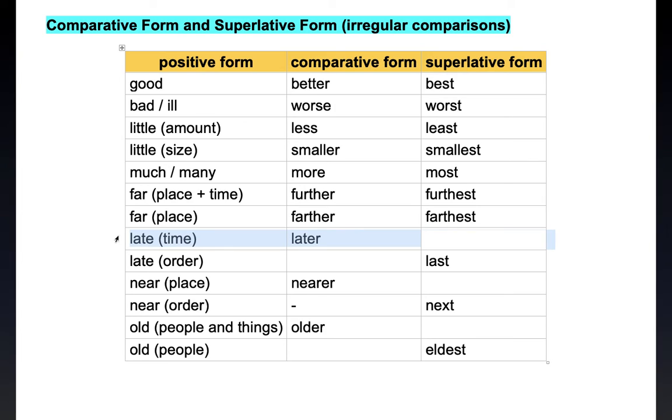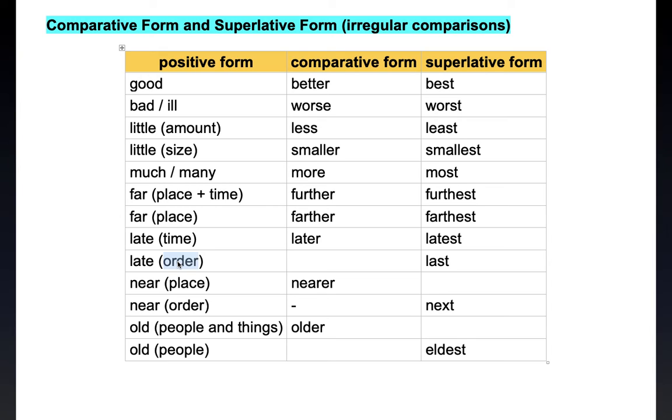Late. Late es tarde, para el tiempo. The comparative form is later and the superlative form is latest. El más tarde. Latest. Okay. Right here we have late, tarde, pero en este caso para un orden.